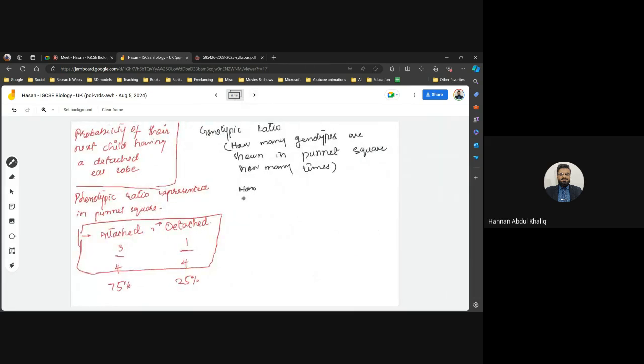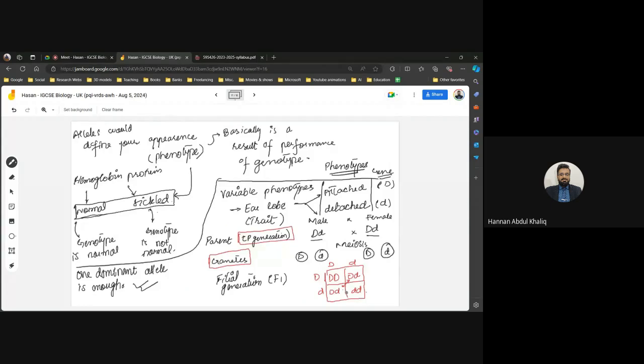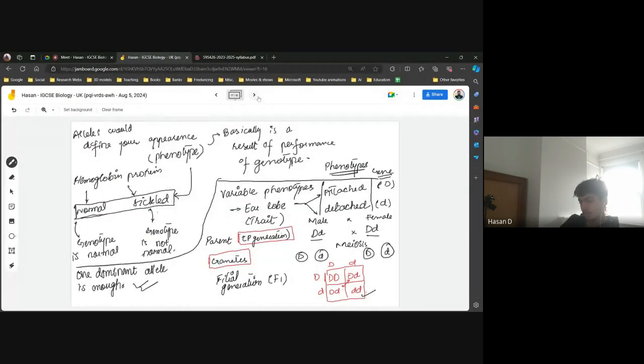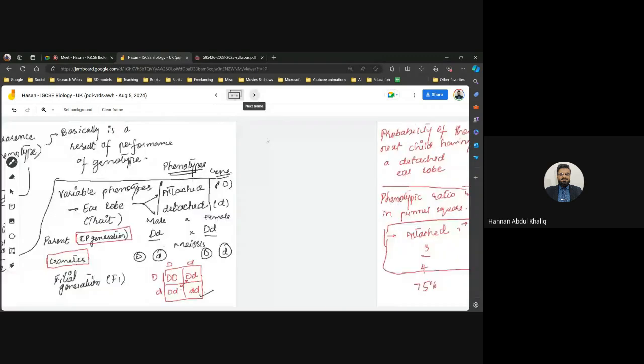So I would write homozygous dominant, heterozygous, homozygous recessive. How many times is homozygous dominant shown in the Punnett square? One time. Once. So I would write 1. How many times is the homozygous recessive shown? One. Only once? Yeah.